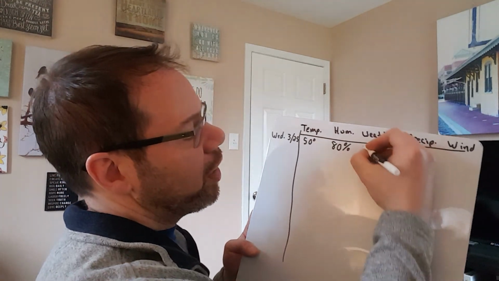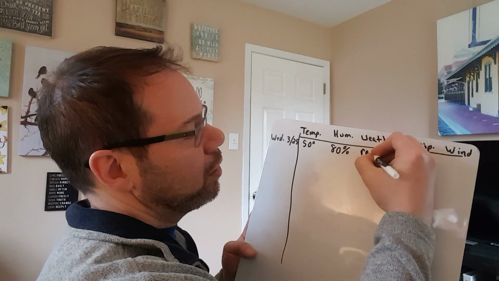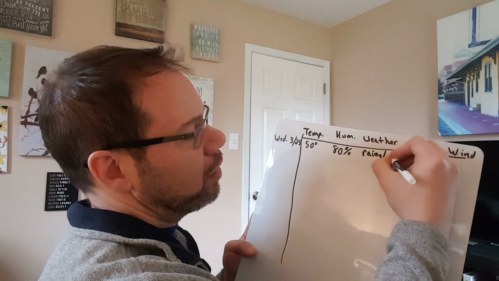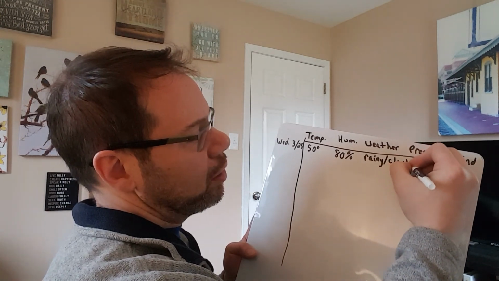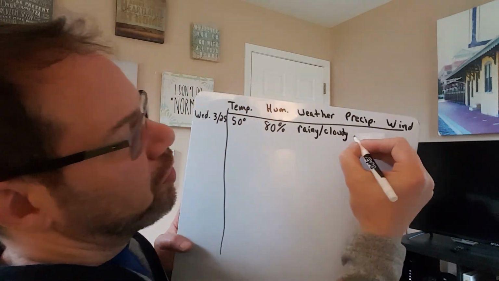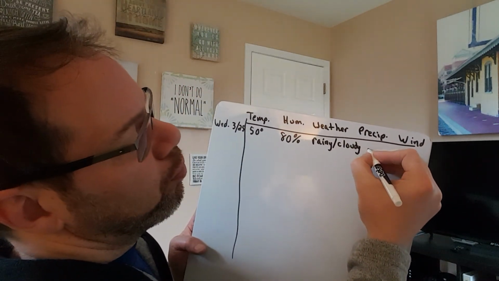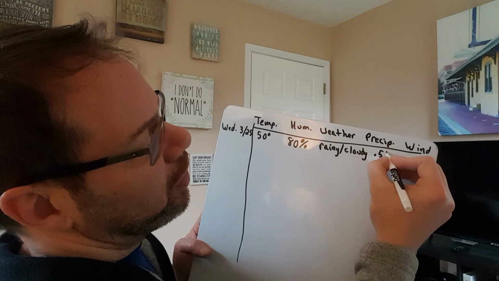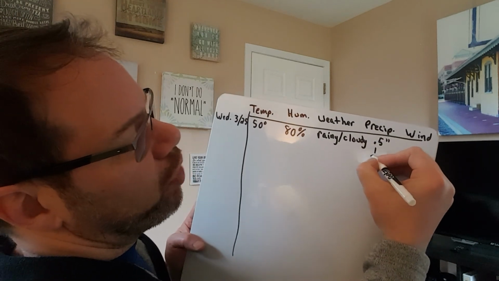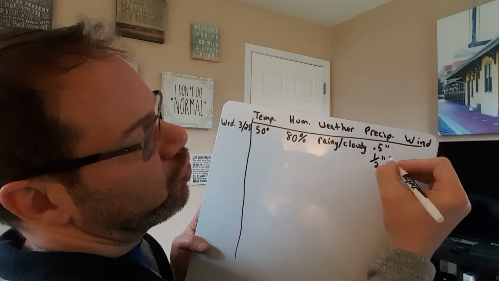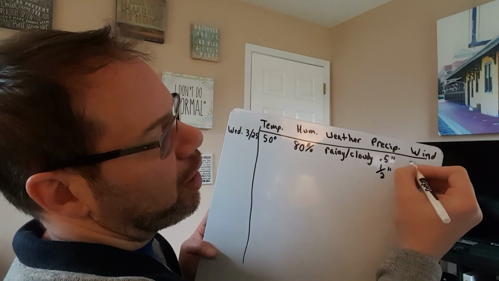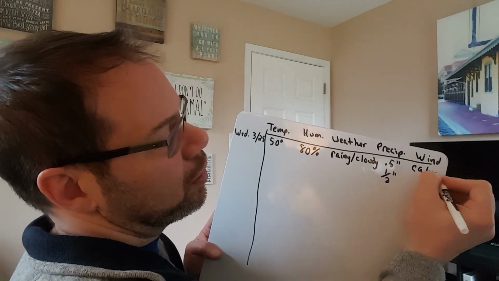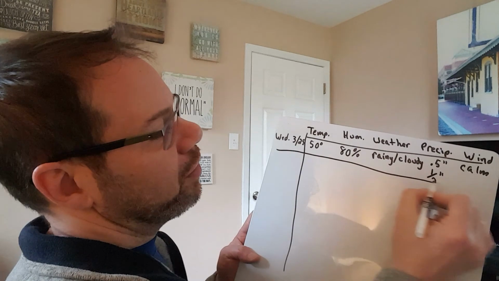The weather right now is rainy and cloudy. The precip, I'm just going to say 0.5 inches. Another way to write that would be 1/2 inch. Okay, and the wind is calm. Okay, so that's for that date.